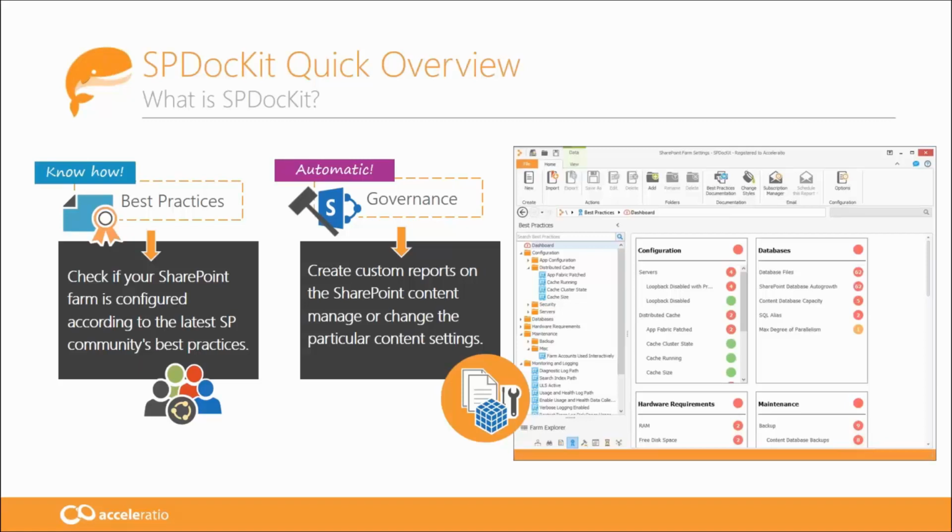Then we can tell you what has potentially been misconfigured and where the areas are that you can improve on top of your existing configuration, and make some changes so that you can optimize your farm for the best possible usage.